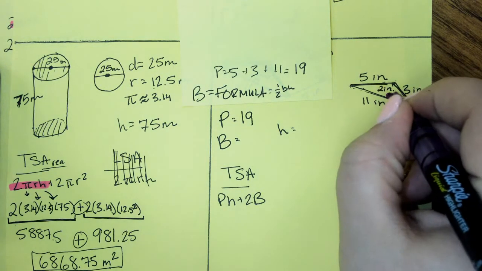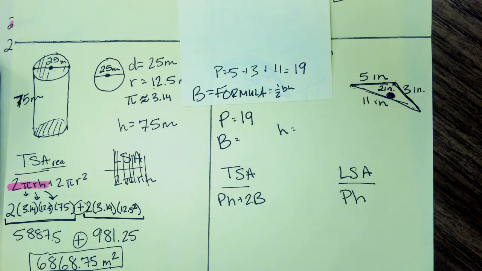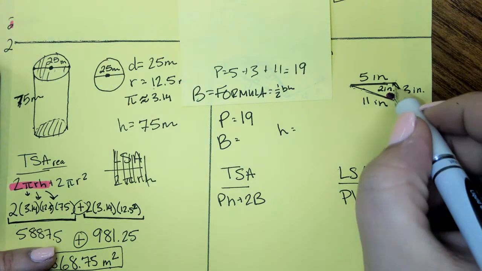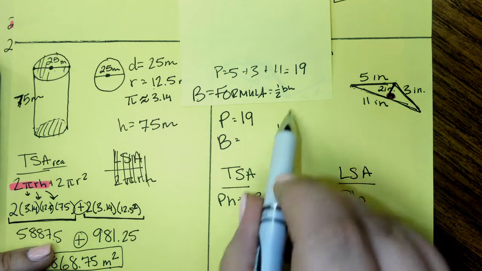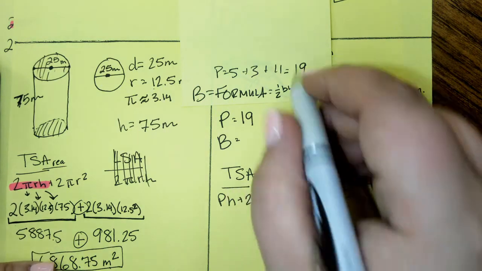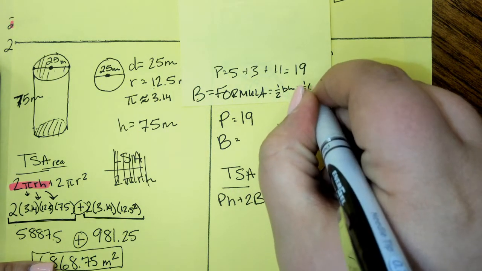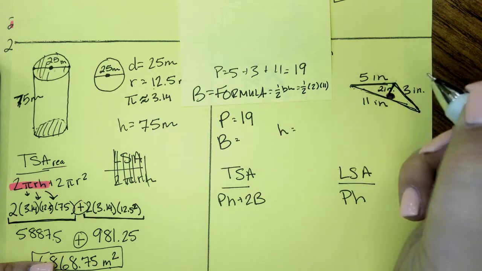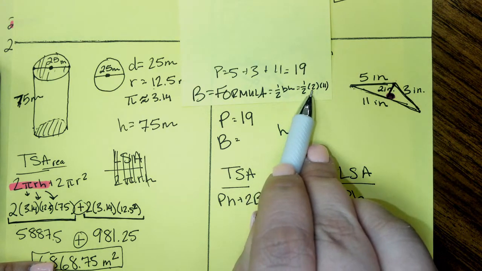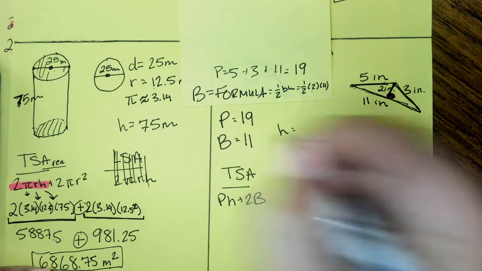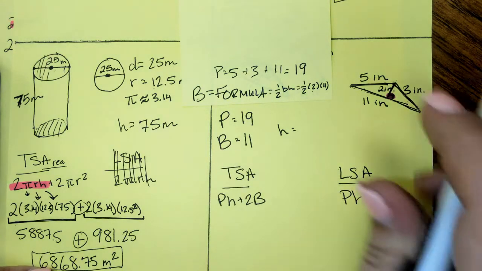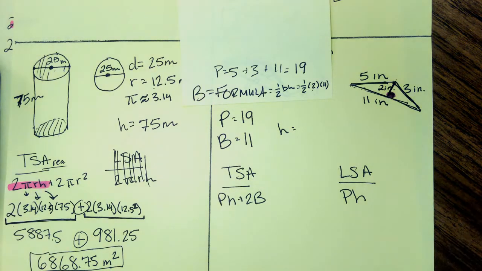Here is a 90-degree angle. That 90-degree angle is formed by the 2-inch side and the 11-inch side. So base and height have to be 2 and 11. So 1/2 times 2 times 11. Half of 2 is 1, and 1 times 11 is 11. So big B is 11 units squared, or inches squared, because that's an area.